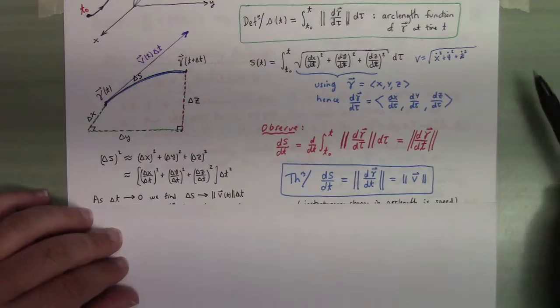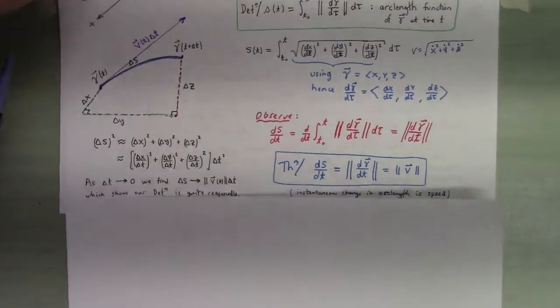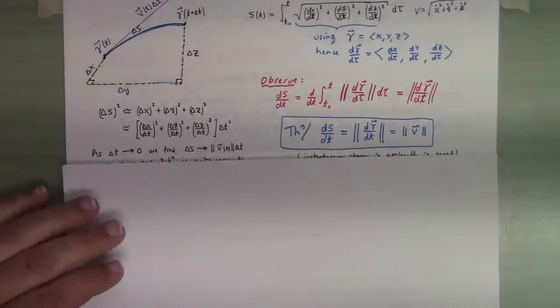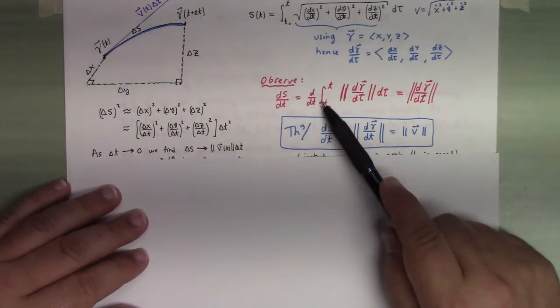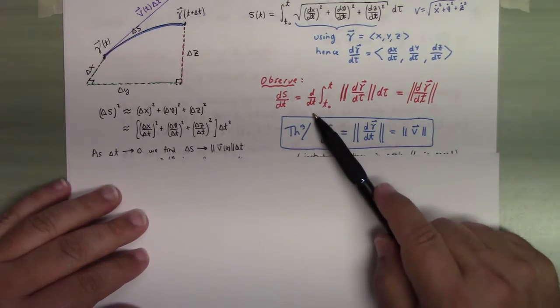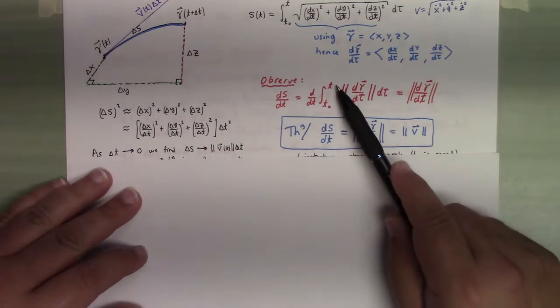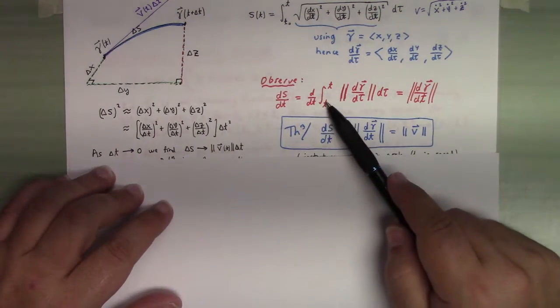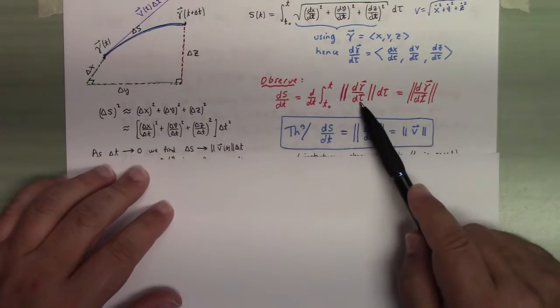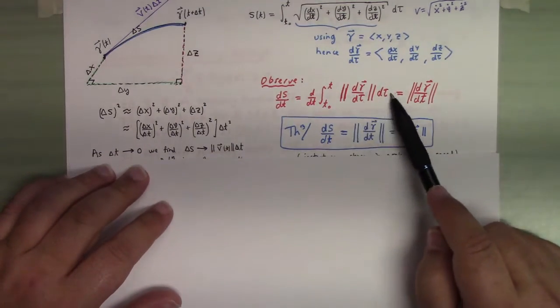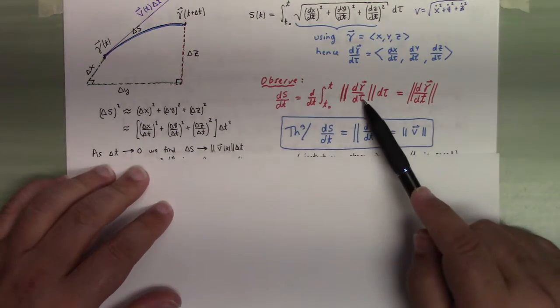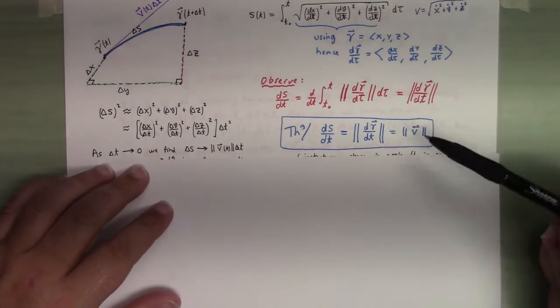In any event, the fundamental observation here is that when we differentiate the arc length function with respect to time, the fundamental theorem of calculus says that when we differentiate an integral with variable bounds, this integral is done over tau because I can't use t in the same sense as here. So tau is just a dummy variable of integration. You could put u and u here just the same, it wouldn't be different.